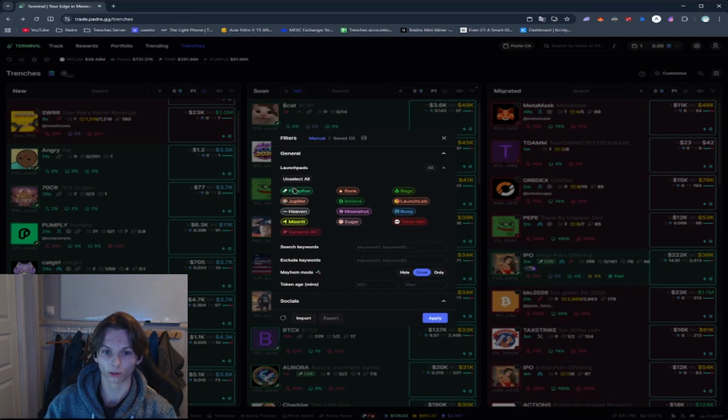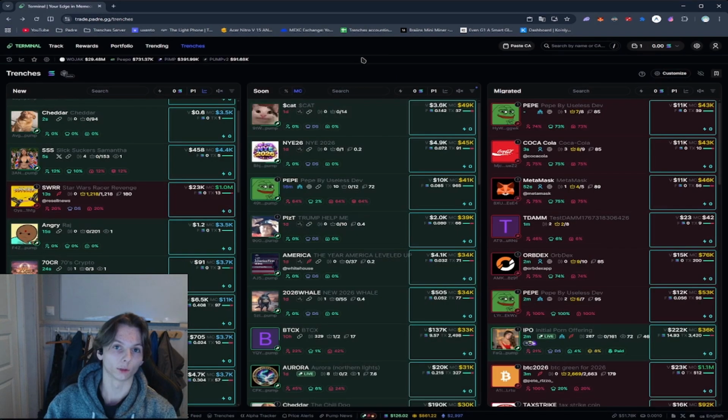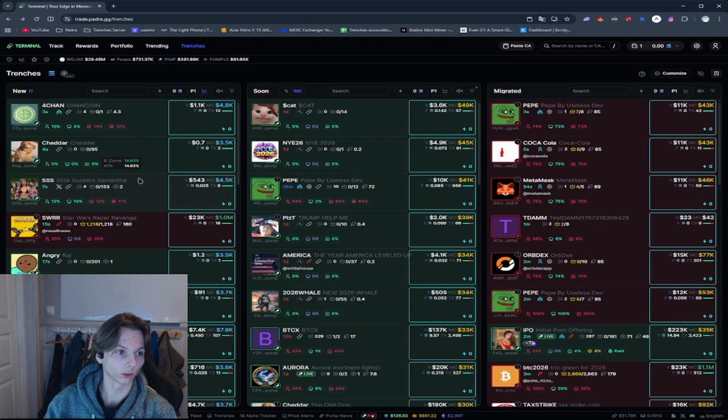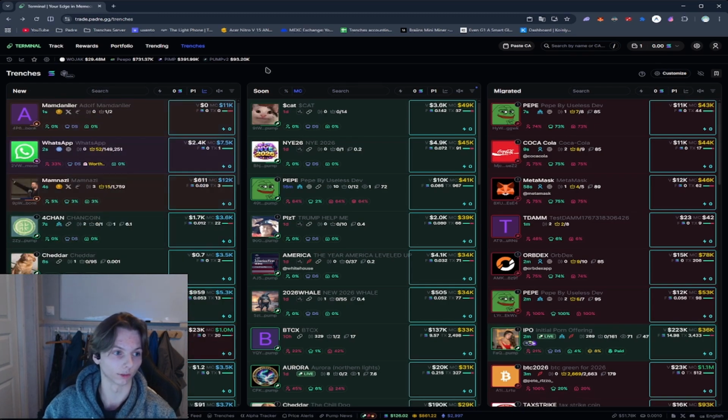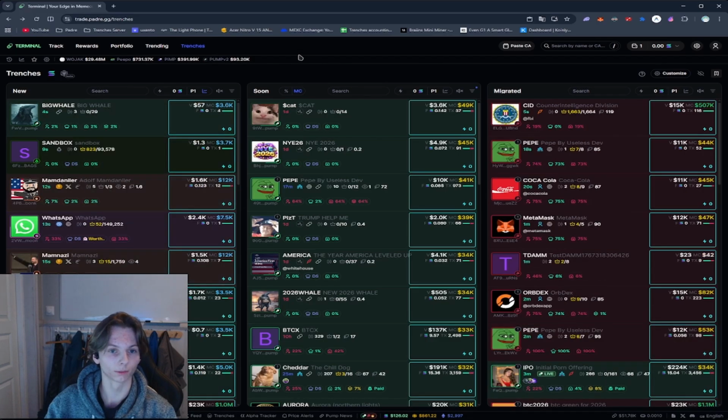We have all these different launchpads. Mainly, if you're a new trader, I would suggest just using 1 to 3 launchpads max. We also have Moonshot. I've never traded on that one, to be honest, so I don't know how that is, but I would not suggest using it.